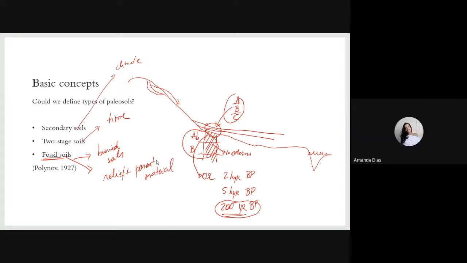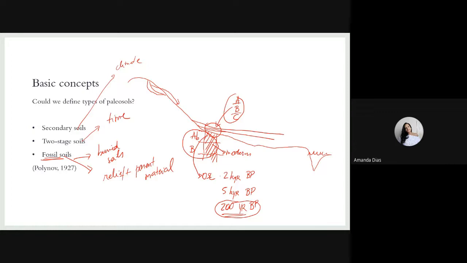Teacher, I have a doubt. In this case, is it correct to use the OSL in the horizon AB, or is it better to use horizon B?